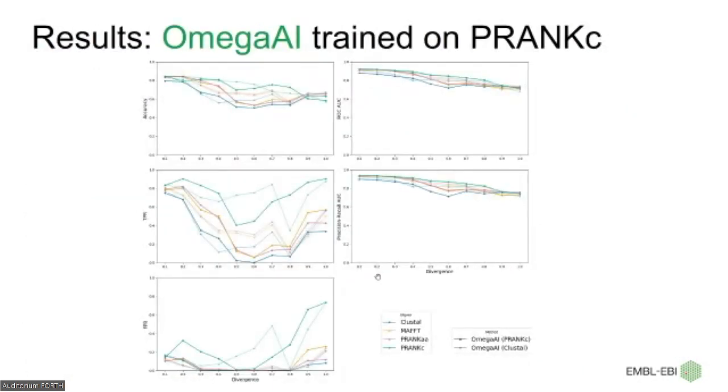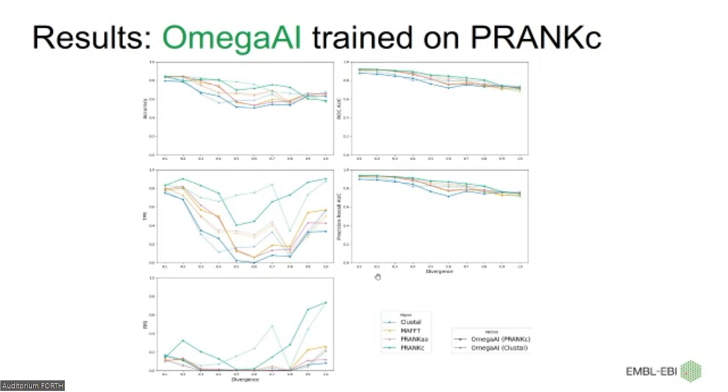So even though the neural network, when trained on Clustal, generalized quite well, we wanted to see what happened when we trained with a different aligner and actually a more accurate aligner. And so the old results when trained with Clustal are in the slightly transparent lines and imposed on top of that in bold is when we train with PRANK, which is a more phylogeny aware aligner, which makes it more accurate.